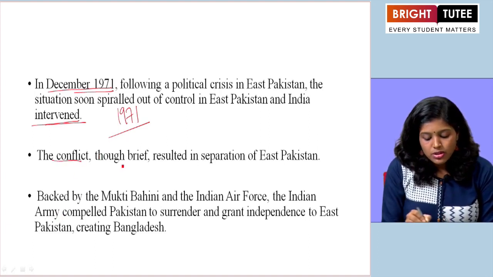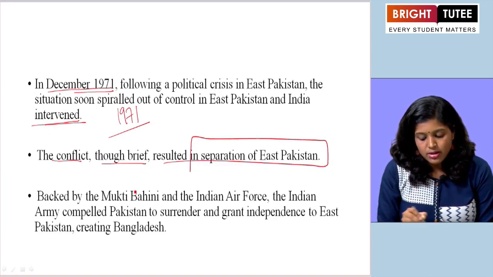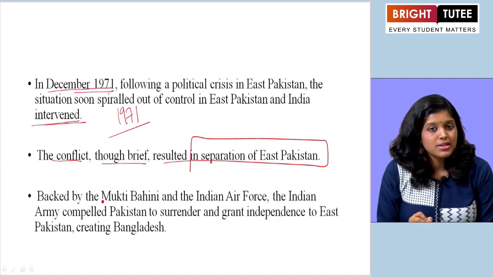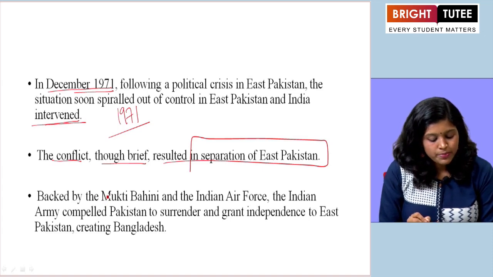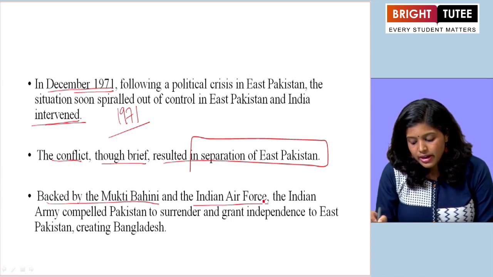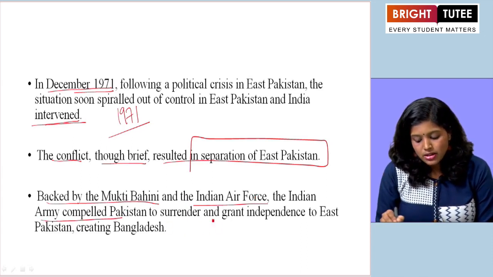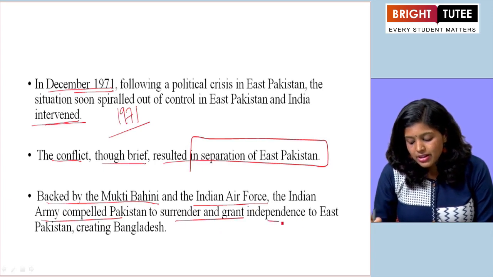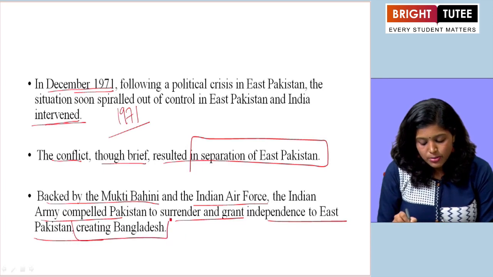The conflict, though brief, resulted in the separation of East Pakistan from Pakistan, and backed by the Mukti Bahini and the Indian Air Force, the Indian Army compelled Pakistan to surrender and grant independence to East Pakistan, thus creating Bangladesh.